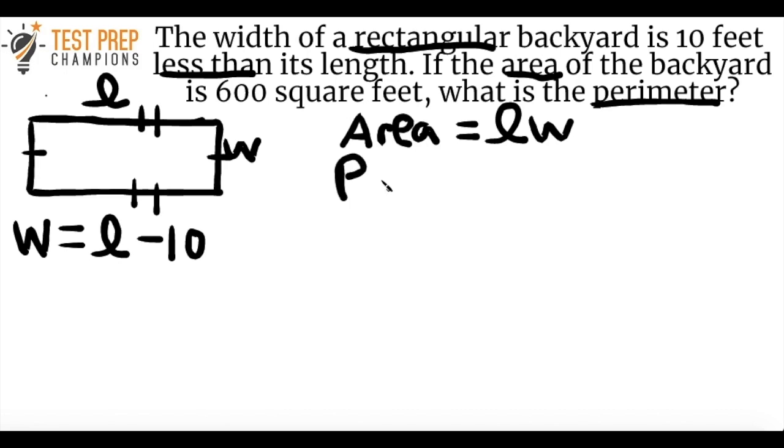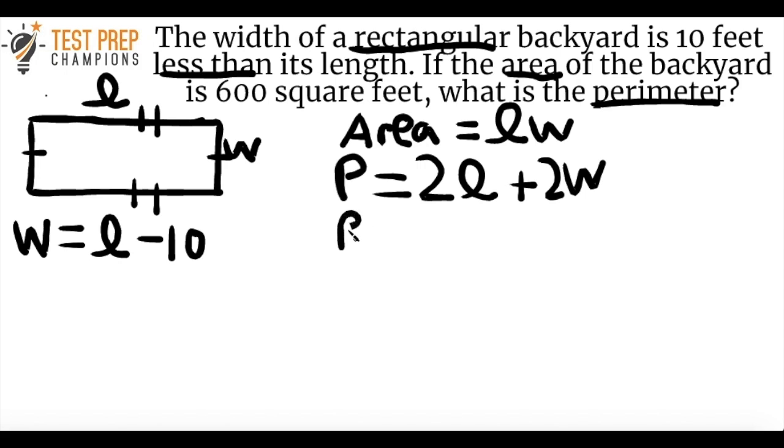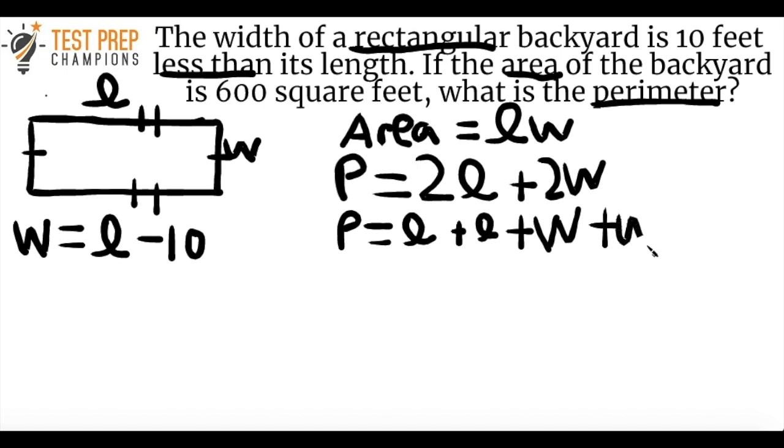We've also got our perimeter. I'm just going to abbreviate perimeter with P. The perimeter is equal to 2L plus 2W. Another way to think of that is the perimeter as L plus L plus W plus W. You're just adding up the lengths of all the sides.